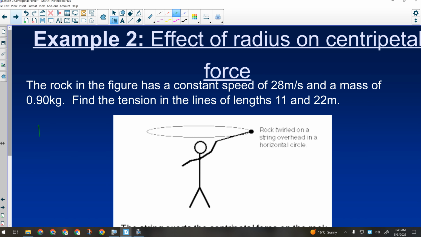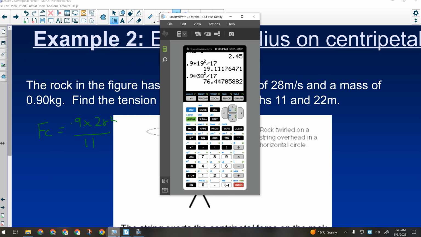First situation: 0.9 kilograms times 28 squared divided by 11, a radius of 11 meters, and we get 64.